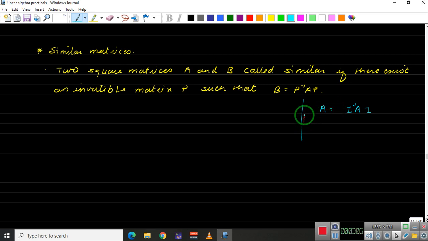Now for symmetric, if A and B are similar, then we need to show that B and A are similar. So if A is similar to B, we can write B as P inverse AP for some invertible matrix P. Now the question is, can you write A as some invertible matrix times B times that matrix?